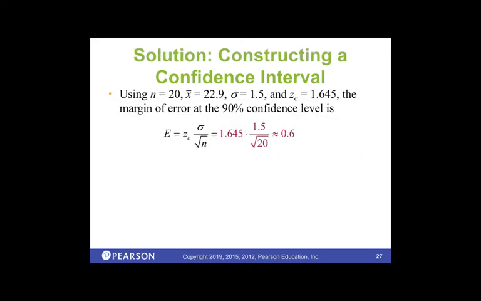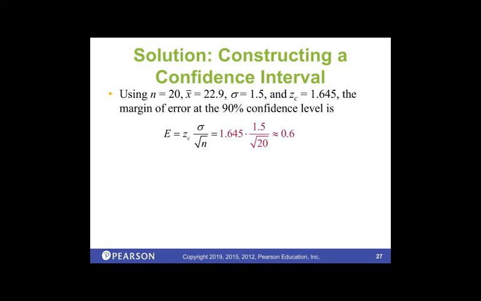So here our n is 20. Our sample average is 22.9. The population standard deviation is 1.5. The critical z value, so if we want a 90% confidence interval, that 1.645 comes from the chart. The margin of error at the 90% confidence level, we're using our formula again: the critical value times the population standard deviation divided by root n.